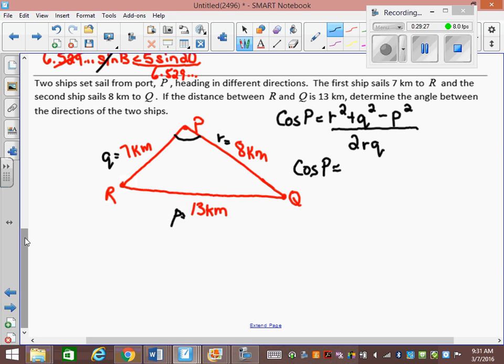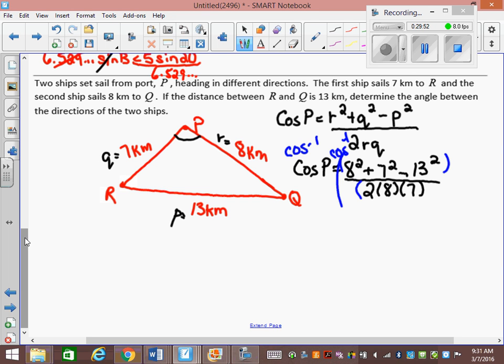equals 8 squared plus 7 squared minus 13 squared over 2 times 8 times 7. But we need to get P by itself, so we're actually going to have to cos neg 1 because we're finding an angle. Now, if you want to put this all in at once, you're going to have to put brackets around the top and brackets around the bottom.